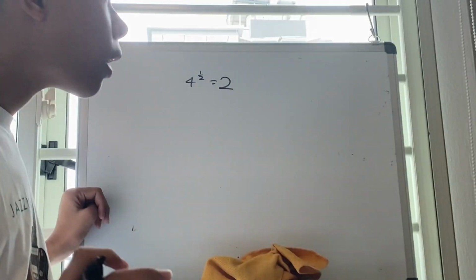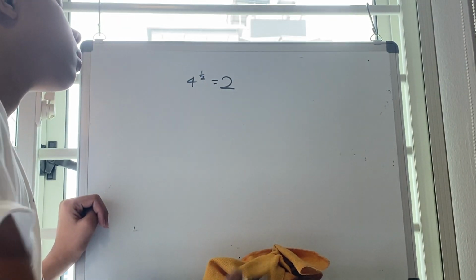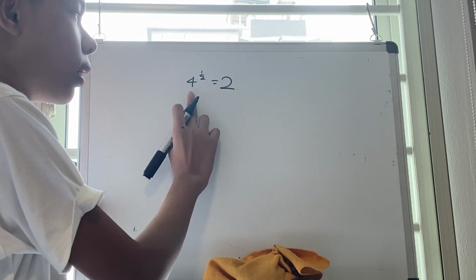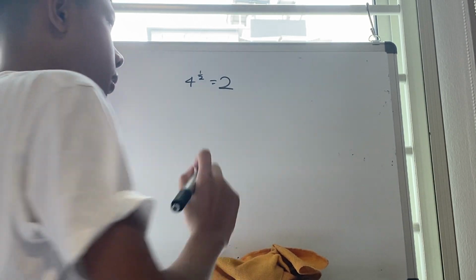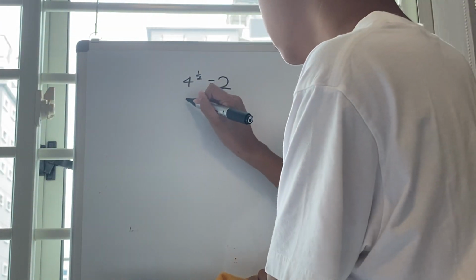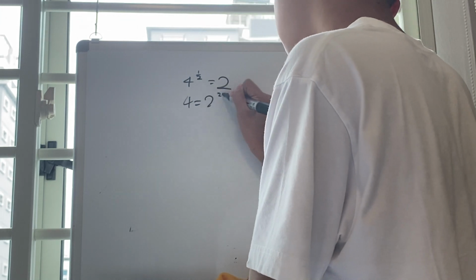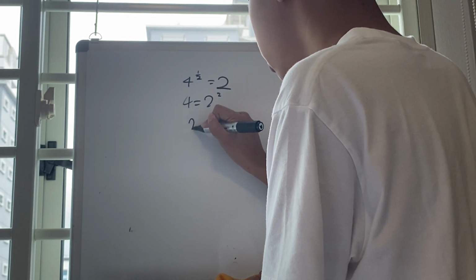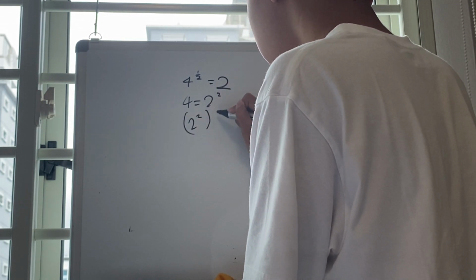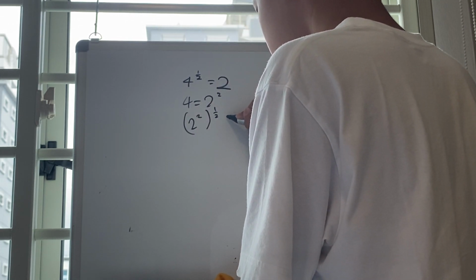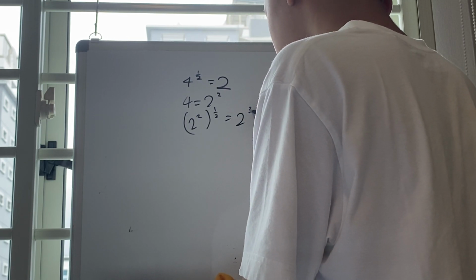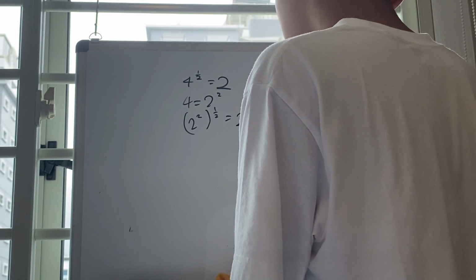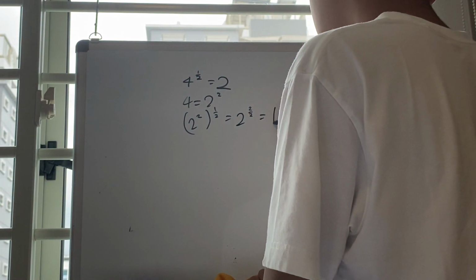Now, why? Firstly, let's rewrite 4. 4 equals 2 squared. And 2 squared to the power half equals 2 power 2 over 2, which equals 2 power 1.